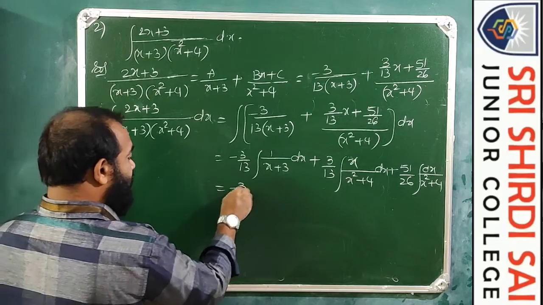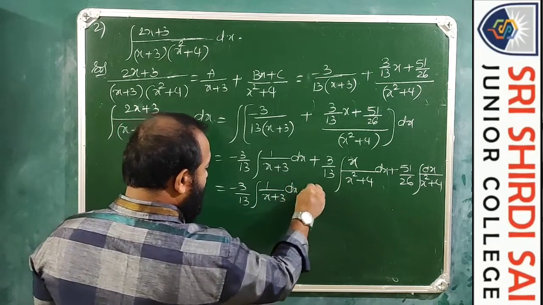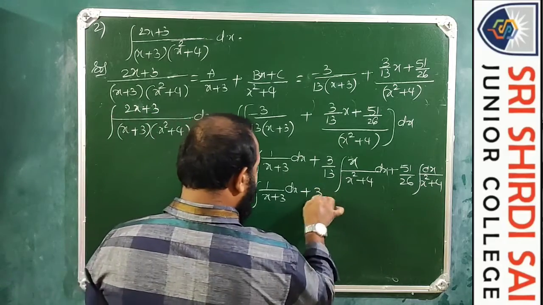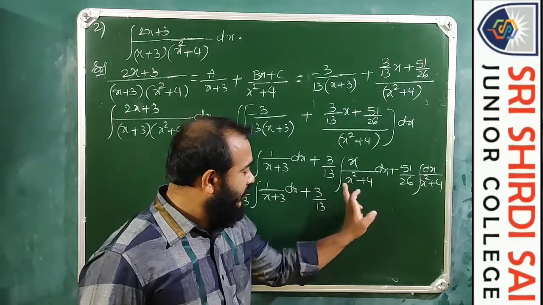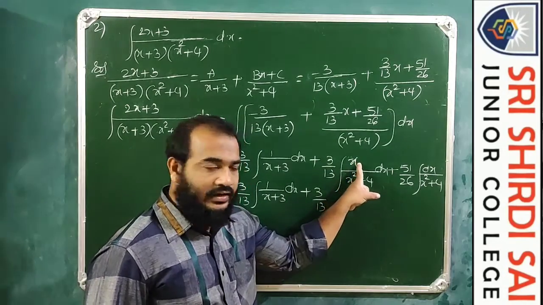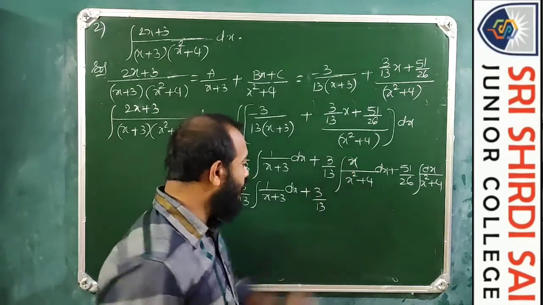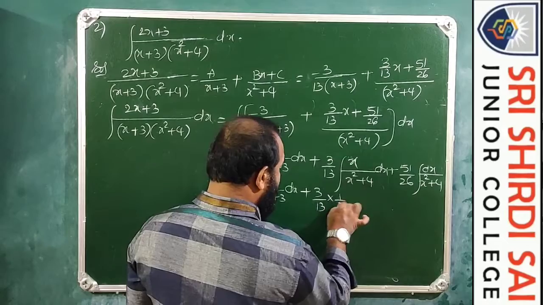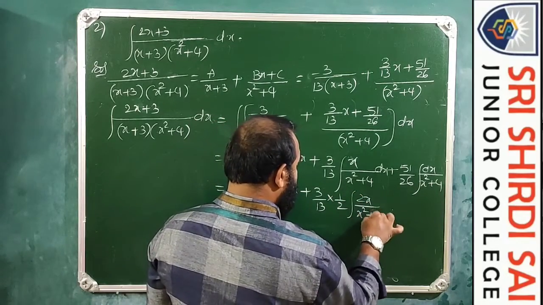So this is minus 3 by 13 1 by (x plus 3) dx plus 3 by 13. The derivative of x square plus 4 is 2x, so we only have x here. So we want 2 here, for which I'll multiply and divide with a 2 without loss of generality.